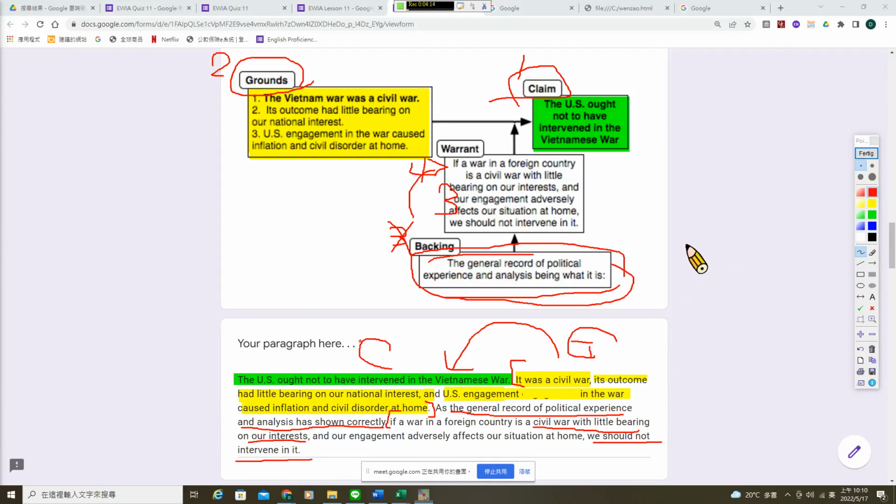So you can see this is the warrant, right? The section of backing and warrant is described here.